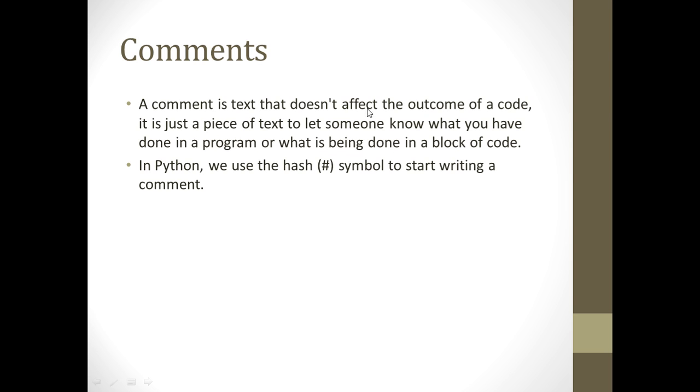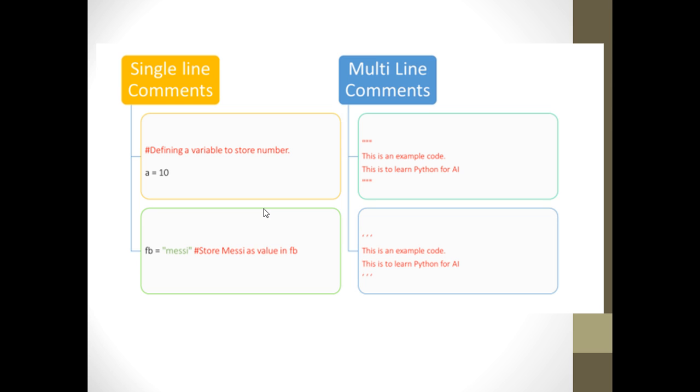A comment is text that doesn't affect the outcome of a code. It's just a piece of text to let someone know what you have done in the program or what is being done in a block of code. We use hash to write the comment. There are two ways in which comments can be included in Python. One is a single line comment and the other one is a multi-line comment.